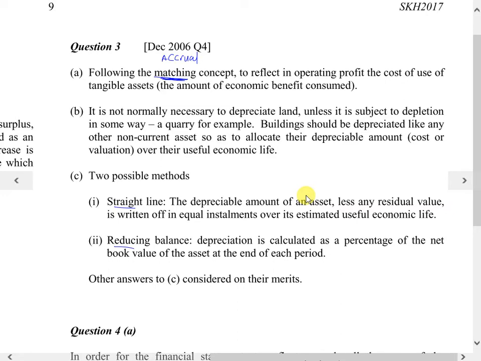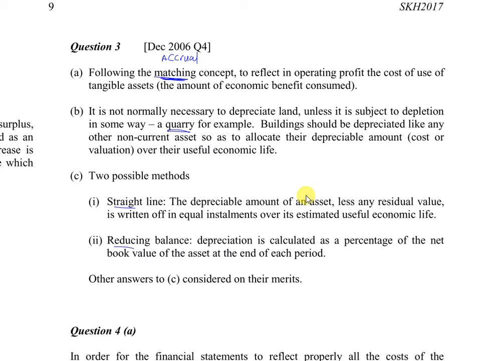Example, a quarry. You know what a quarry is? A quarry is a site where you extract the material for cement. Eventually, what you extract becomes cement. You go along the road to Ipoh, you can see the hill all extracted, the hill half gone. Why?